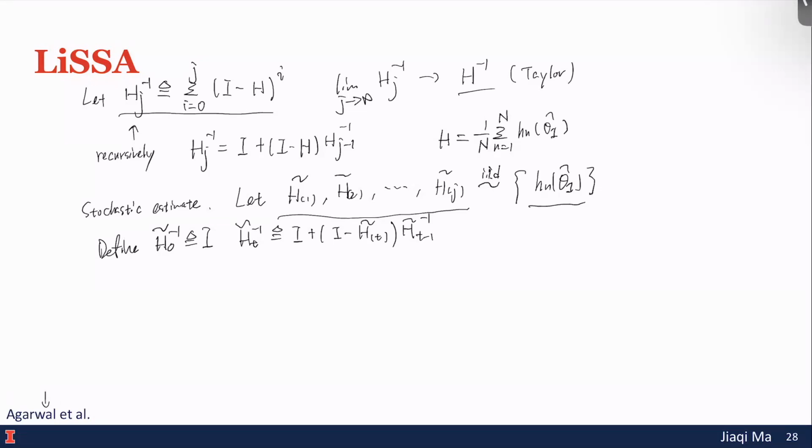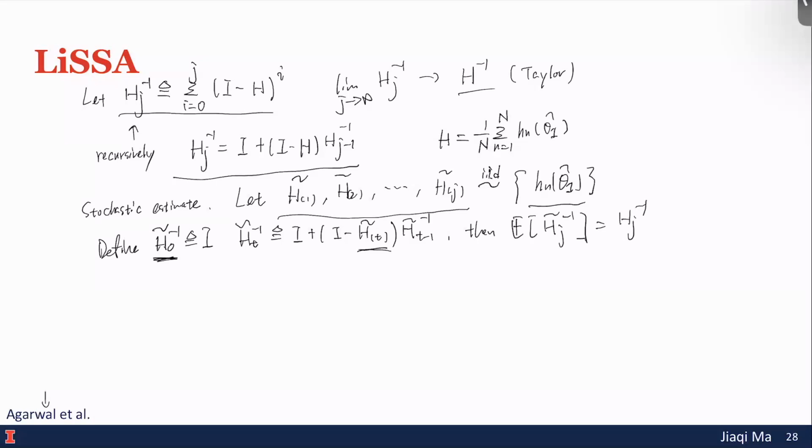So here we are defining another sequence of Ht inverse with a tilde, which is an estimate of the original sequence, but now we use a random sample of an individual Hessian instead of the full Hessian. It's then easy to see that the expectation of this Hj tilde inverse equals Hj inverse.